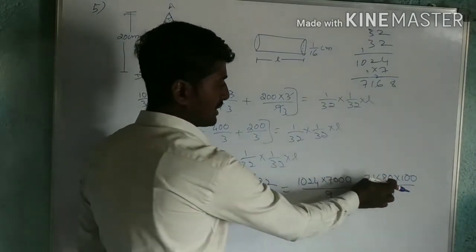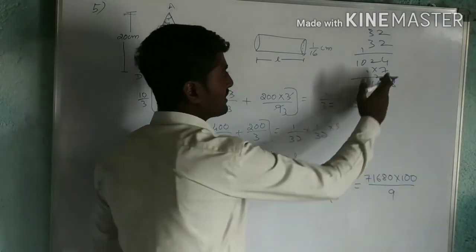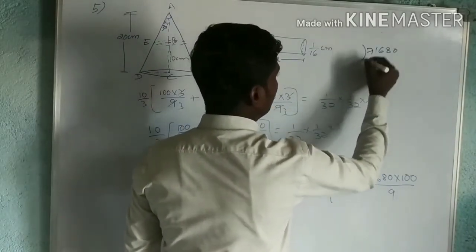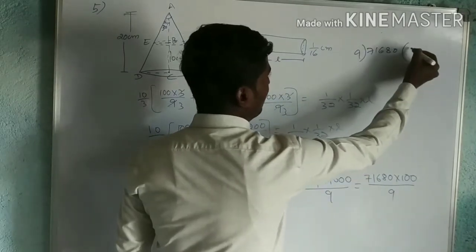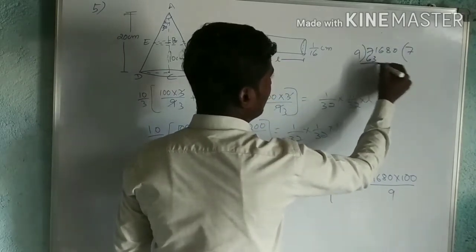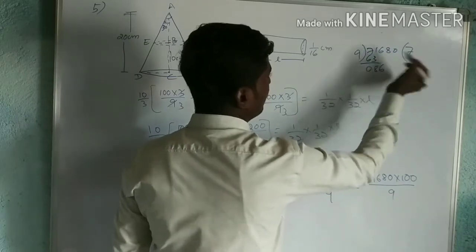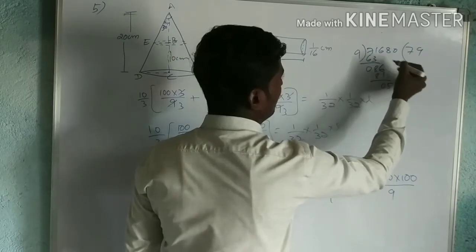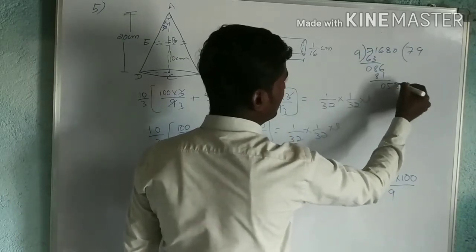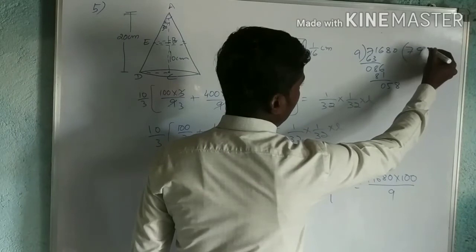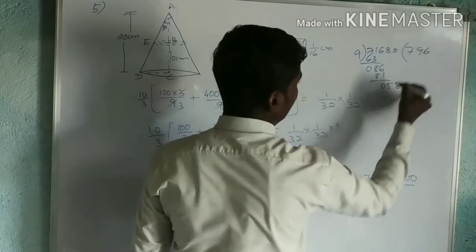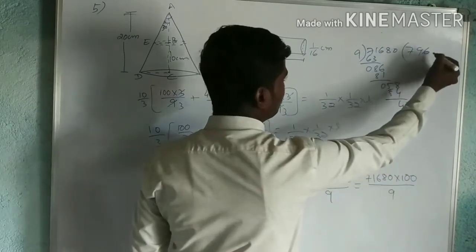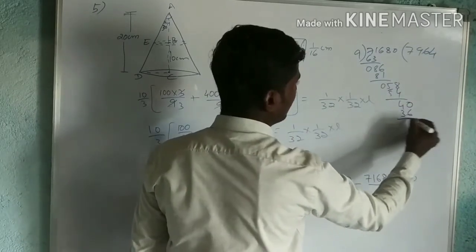Now let us divide 71680 by 9. 9 7s are 63, remaining is 8. Take 6, 9 9s are 81, remaining is 5. Now take 8, that is 58. 9 6s are 54, remaining is 4. Next take 0, 40. 9 4s are 36, remaining is 4.